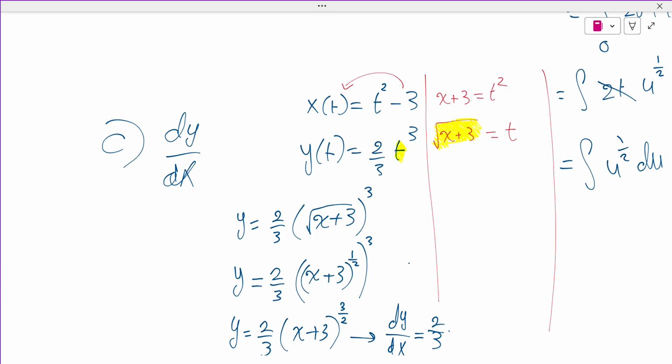Now the power is 3 over 2, and this is x plus 3, and we reduce the power by 1, it will be 1 over 2, times the derivative of the inner, which is just 1. So this is 2 with 2, 3 with 3, that is root of x plus 3. This is dy over dx as a function of x.